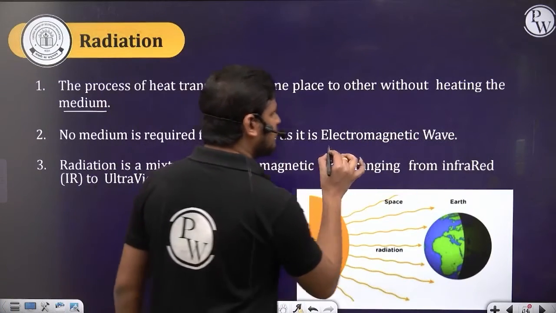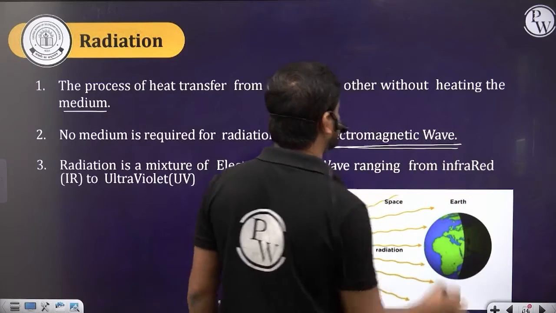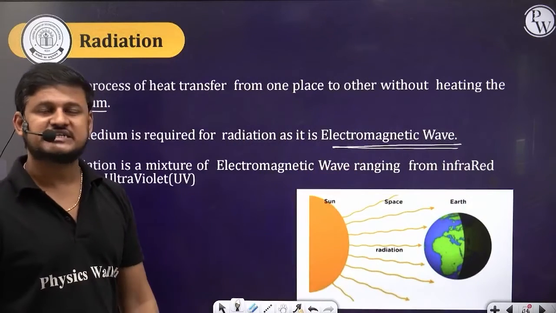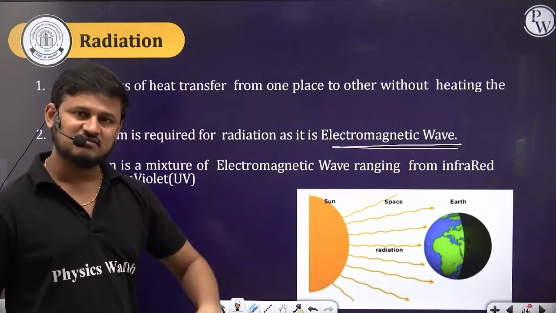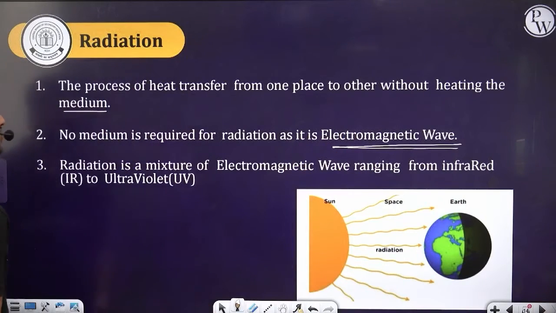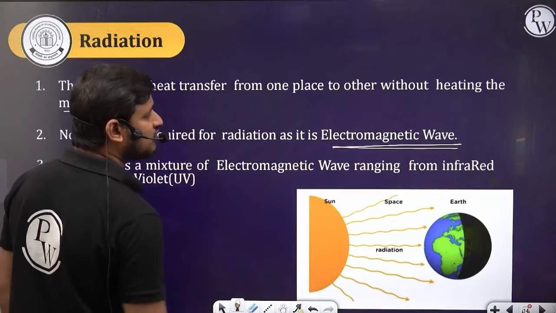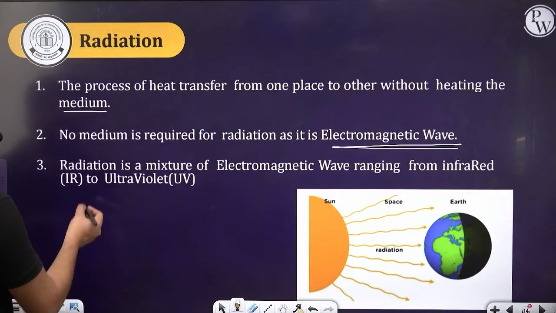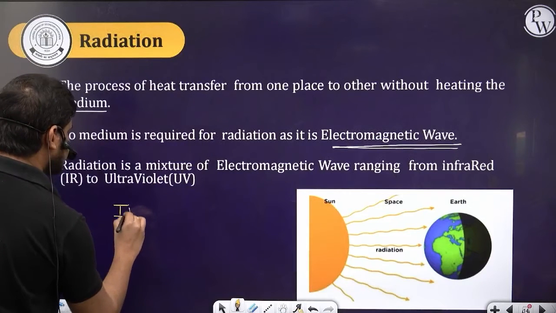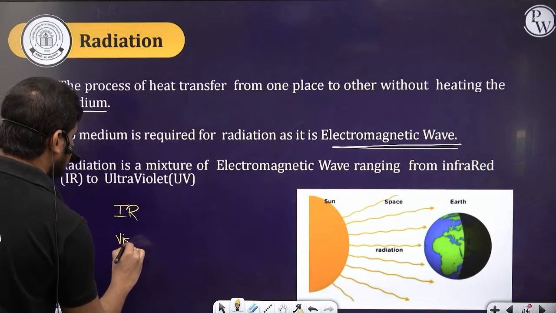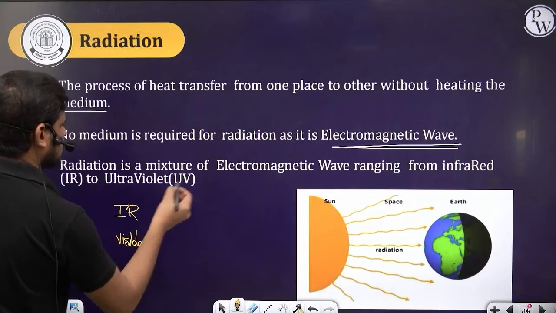What is an electromagnetic wave, what is its range? All these details you'll study in class 12th as a separate chapter. Radiation is a mixture of electromagnetic waves ranging from infrared to ultraviolet: infrared, visible, and UV.